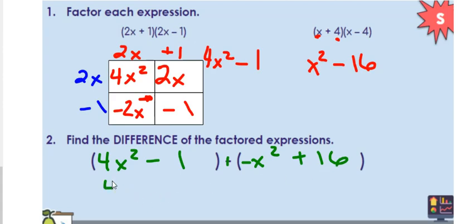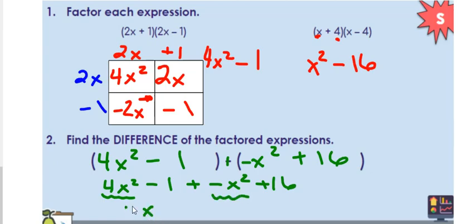In that, I would rewrite this as 4x squared minus 1, again, plus -x squared plus 16. Now I can add my like terms. So I have 4x squared minus x squared, which gives me 3x squared. And I have -1 plus 16, which gives me positive 15.